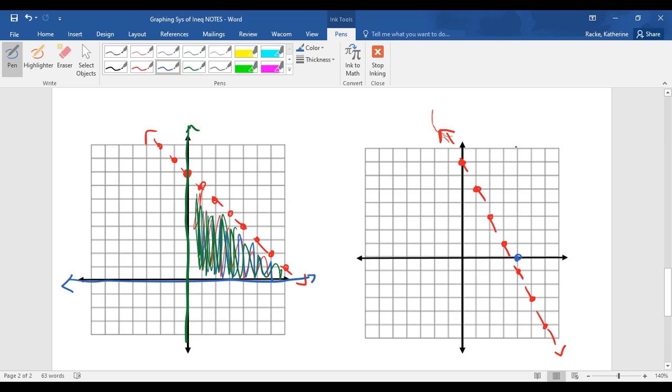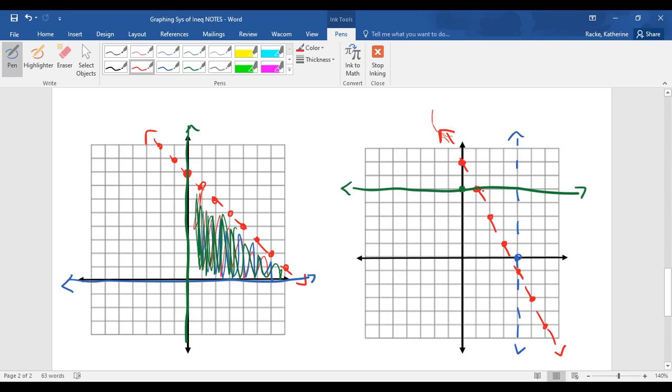And because this one is also not equal to, this one will be a dashed line. And I have y is 5, and this one is going to be a solid line because it's equal to.